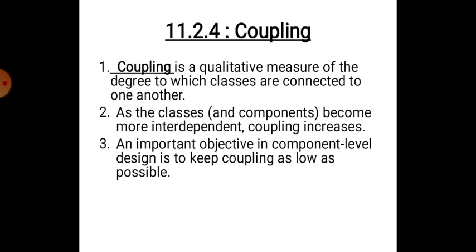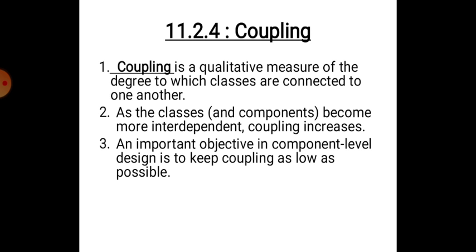Coupling, point number 1. Coupling is a qualitative measure of the degree to which classes are connected to one another. So how two classes are connected to one another is defined by coupling. Point number 2. As the classes and components become more interdependent, coupling increases.